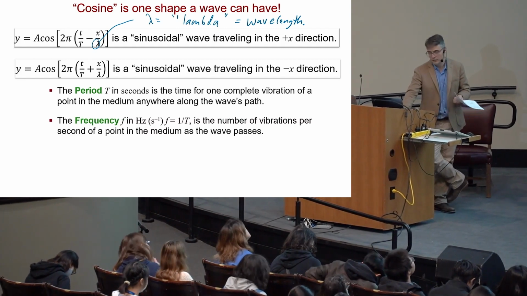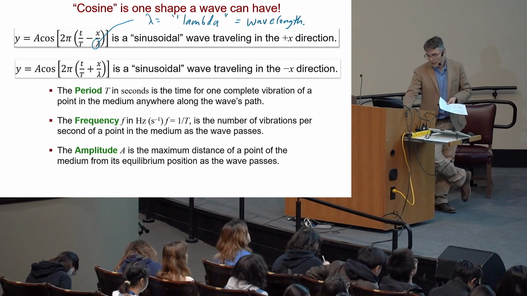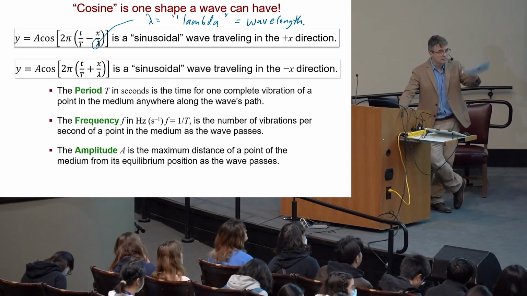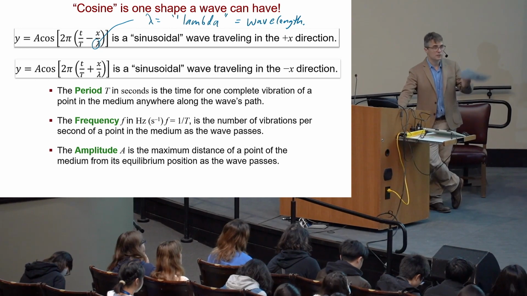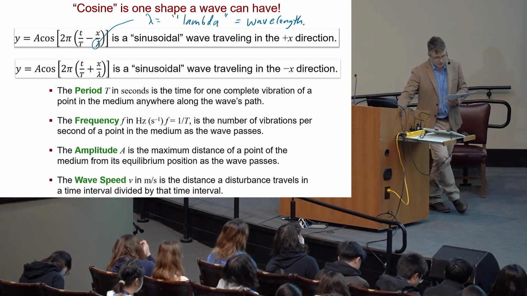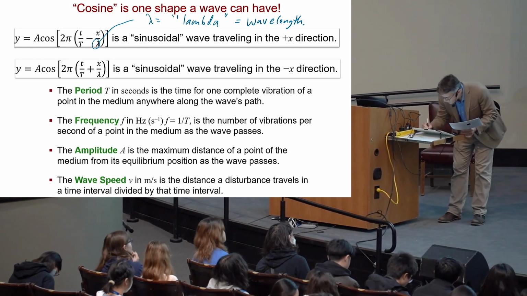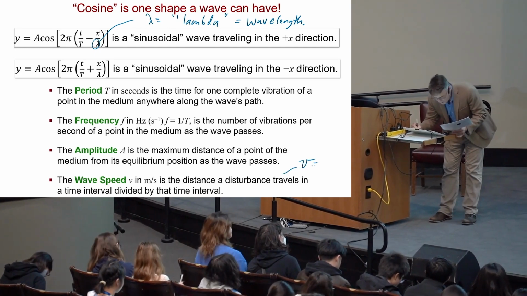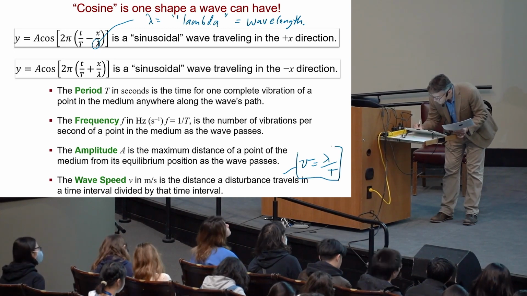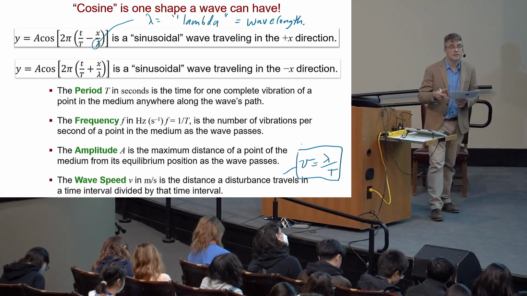The frequency is 1 over T. And the amplitude is the maximum distance that any point in the medium goes away from its equilibrium position, so the delta y there. And the wave speed turns out to be v equal to lambda divided by capital T. The wavelength divided by the period gives you the speed that waves travel.